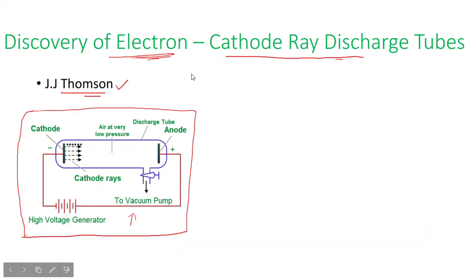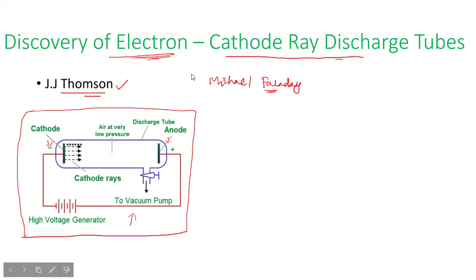I will explain how. Michael Faraday, in the 19th century, conducted some experiments and found that when high voltage is applied to a cathode ray tube at low pressure with a gas in it, some amount of matter gets deposited at the cathode and anode. The matter can be anything: liquid, solid, or gas.